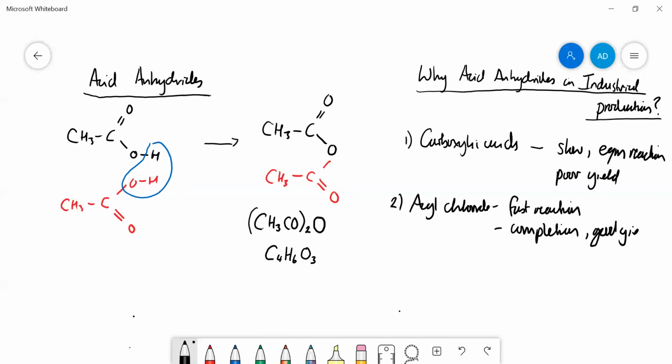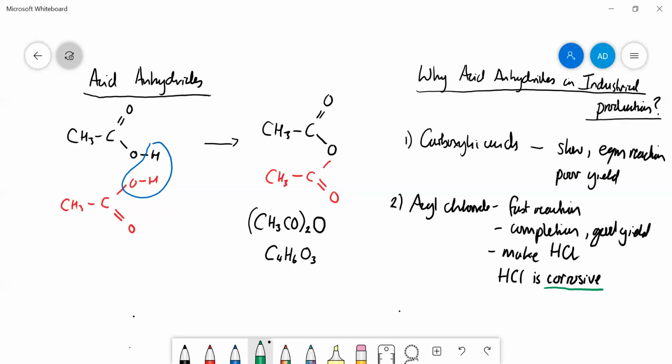But the problem is that you make HCl. HCl is corrosive. And in exam questions, don't say toxic, say corrosive. If you think in an industrial situation, it might not matter if something is toxic as long as it can be contained. But it does matter if HCl is corrosive, because it will corrode metal pipework and so forth.